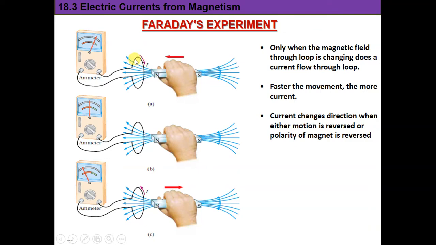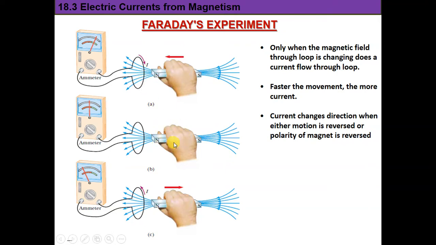Why is it called induced current? Because it's produced by this magnetic field. There is no source of electricity, no power supply, no battery, nothing giving current or flow of electrons. This flow of electrons, or current, is produced by the change of the magnetic field.